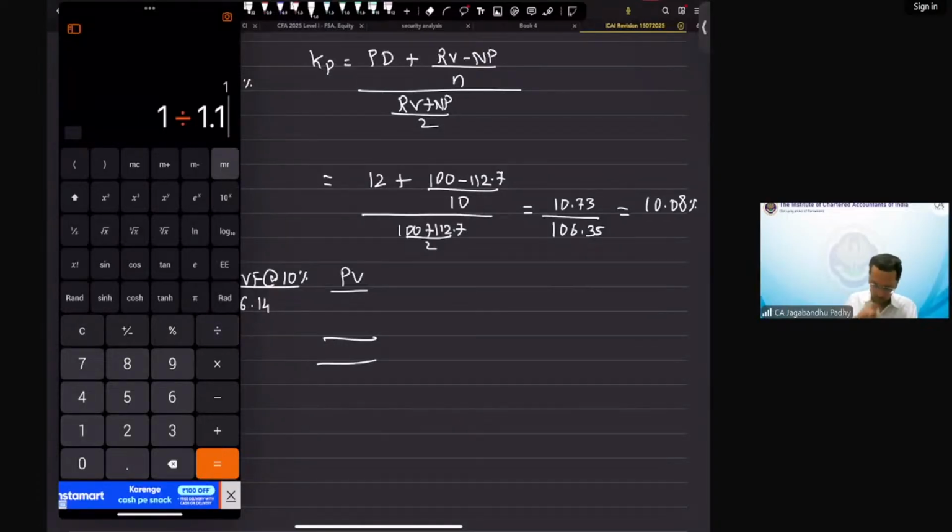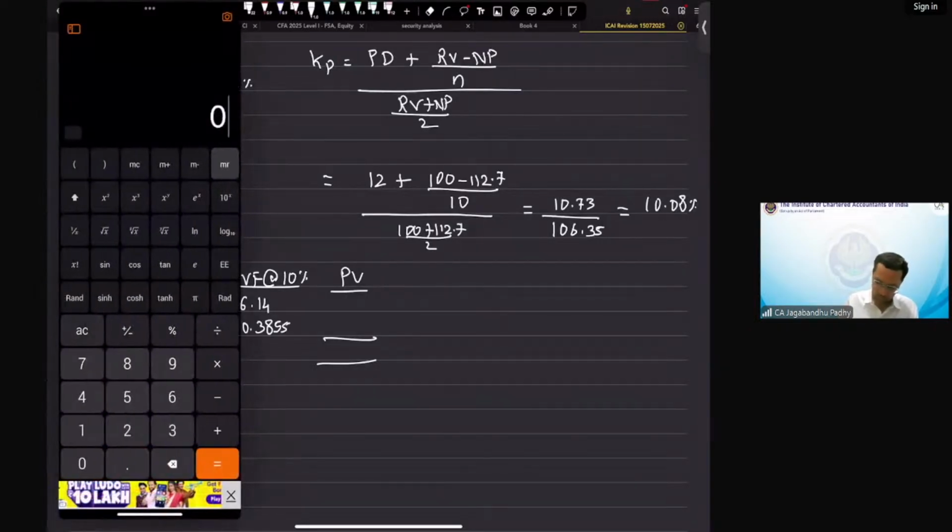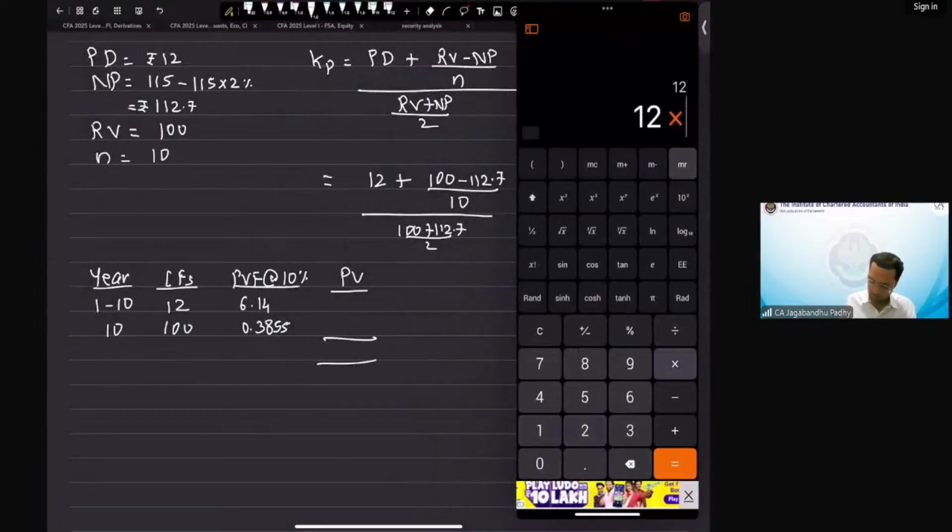For the redemption, 1 divided by 1.1 to the power 10 is 0.3855. 12 into 6.14 is 73.68.